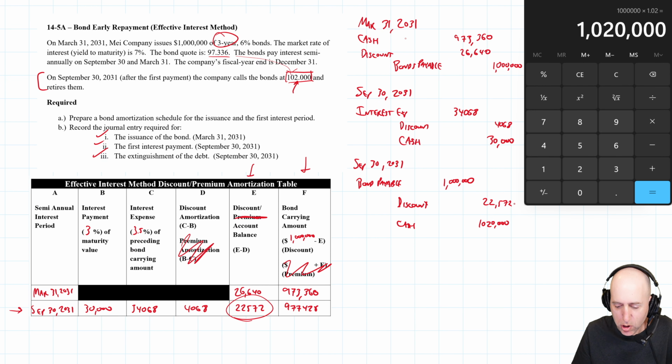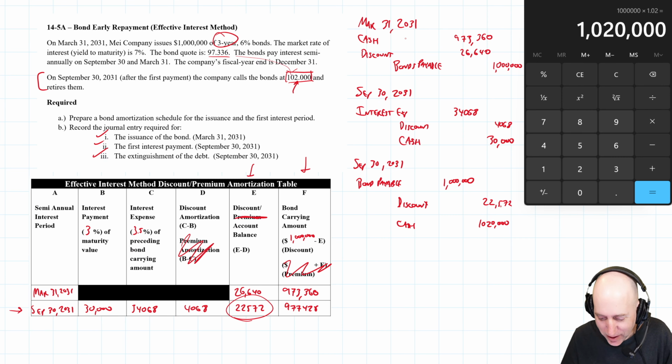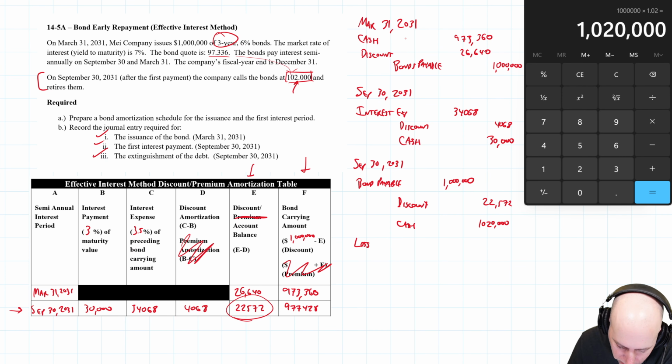And then we're not balanced, right? We're off by 20 plus 22. We're off by 42,572. This thing doesn't balance. It's missing a debit. Now, when you extinguish debt, you can experience losses and gains. Not loss on sale, gain on sale, like selling an asset. It's loss on extinguishment or loss on retirement of the debt. So I'm going to call this loss on extinguishment.